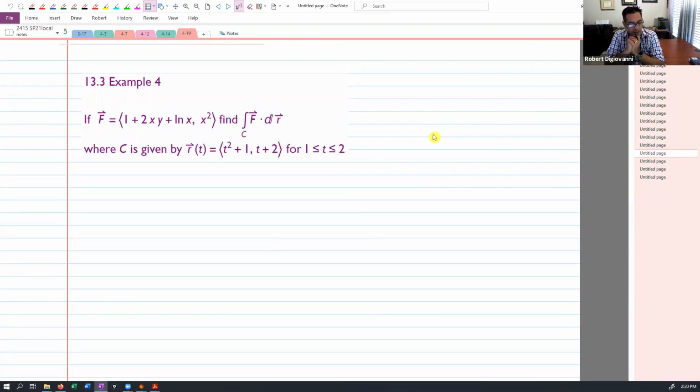If F is equal to the vector field 1 plus 2xy plus natural log of x comma x squared, find the work done, right? This is work, the work integral, where C is given by this path. Put a star here. This is 2 stars, 3 stars.